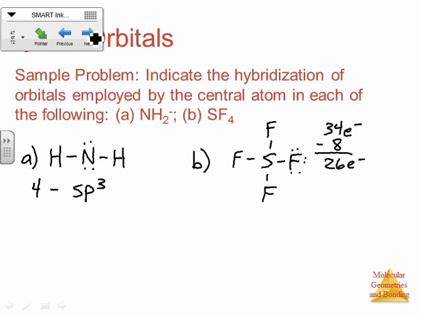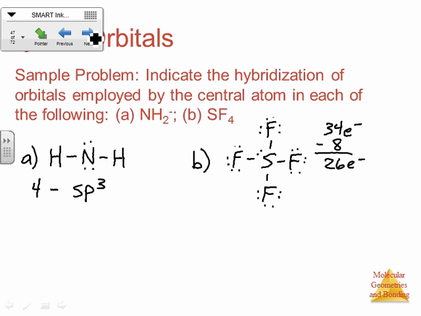Then we place the rest around the fluorines, and that leaves us with 2. Just double check my math here. 28 plus 6 is 34. That's right. Minus 8 is 26.